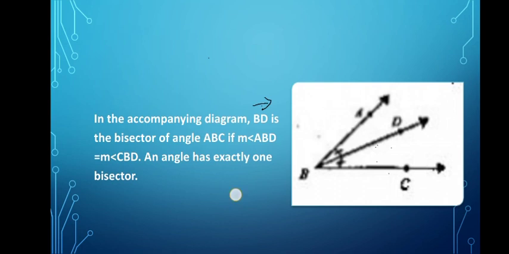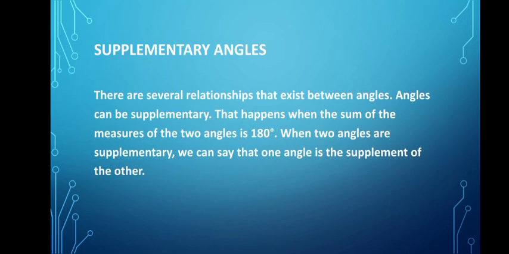Another, supplementary angles. So next, this one, supplementary angles. What are supplementary angles? Supplementary angles are two angles that, when we add or combine the values of the angles, are equal to 180 degrees or form a straight angle.